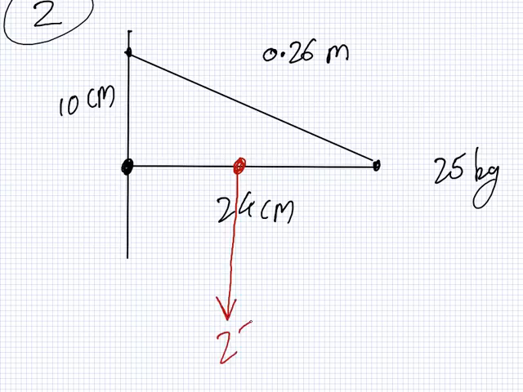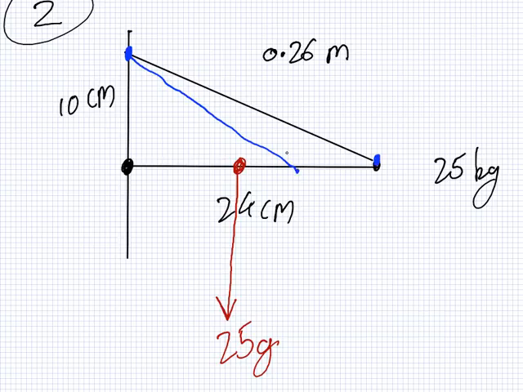is 25 g. Now, Iyad was making this point the last time, and it's an important point. I never said in the question that the stay goes from here to here. Maybe it was like this.